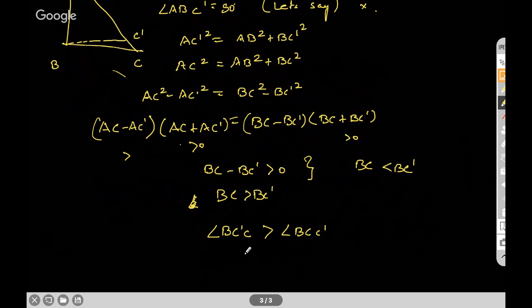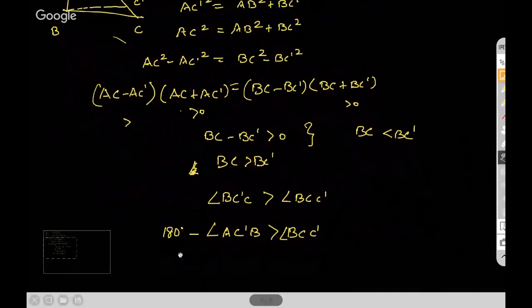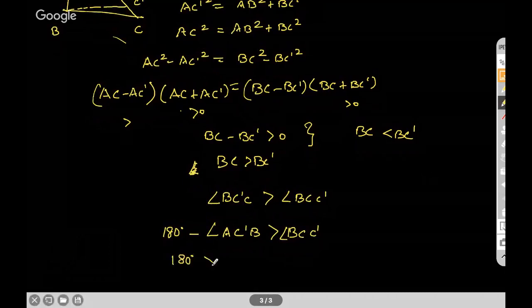Now BC dash C can be written as 180 degrees minus angle AC dash B, and this is greater than angle BCC dash. So that means 180 degrees is greater than angle AC dash B plus angle BCC dash.